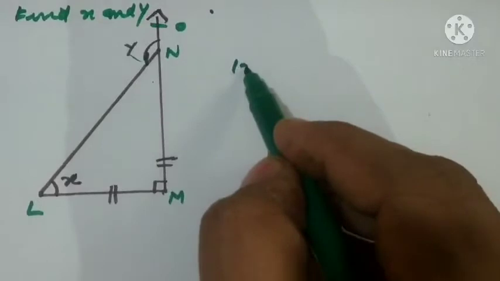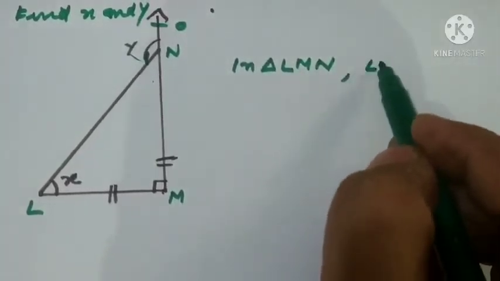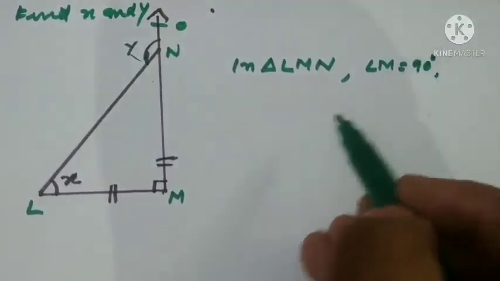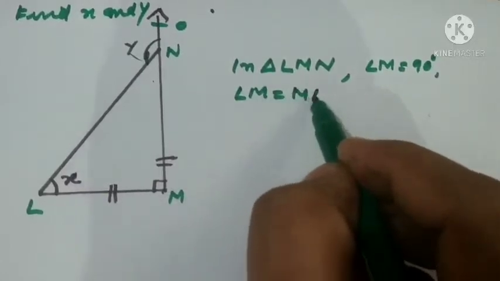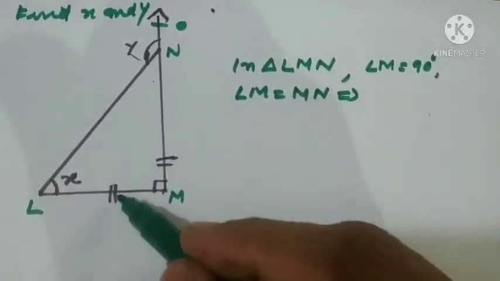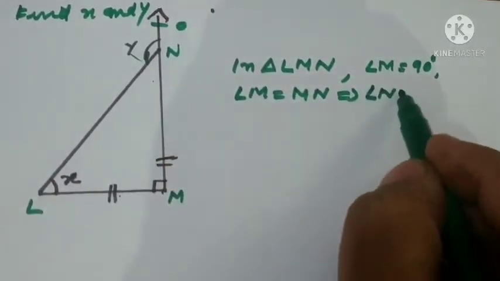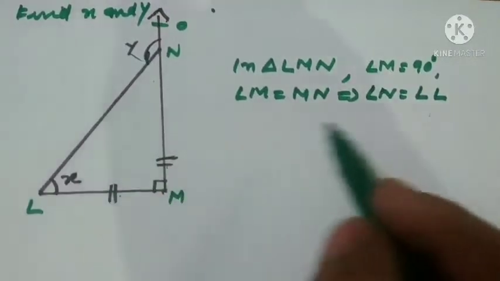In triangle LMN, first I am taking angle M equal to 90 degree, it is given, and LM equal to MN implies, what is opposite angle here? So angle N equal to angle L, right? Because MN opposite angle is L only.